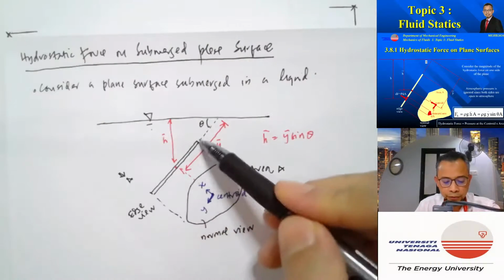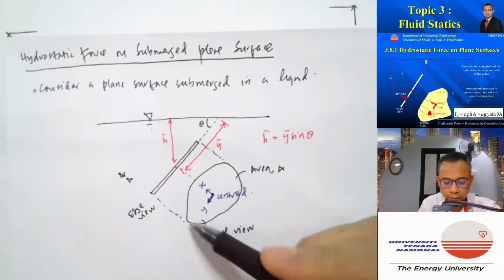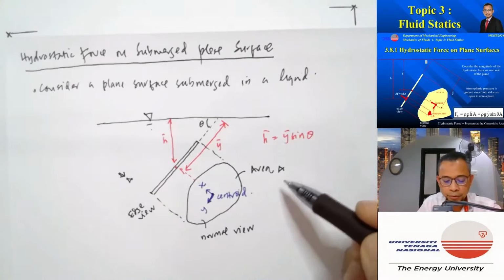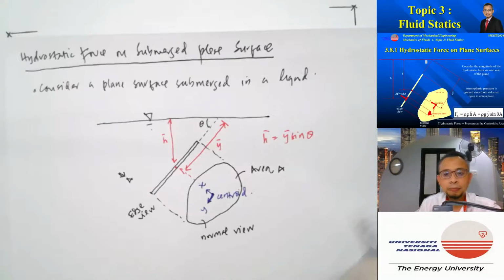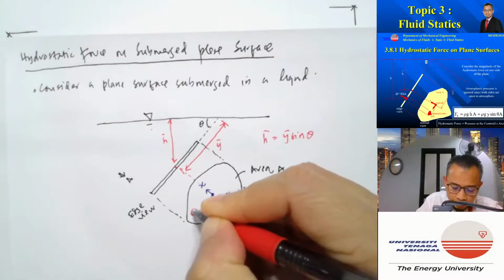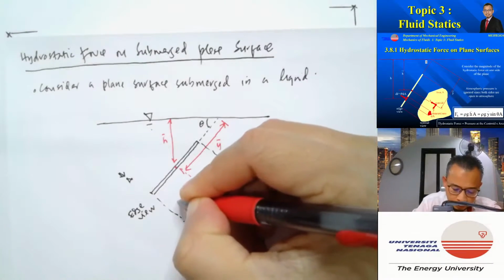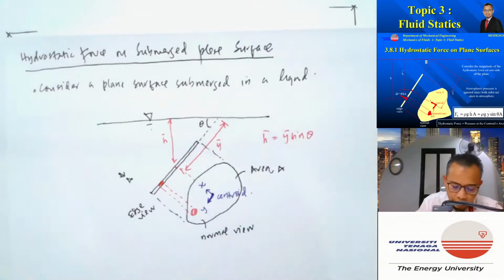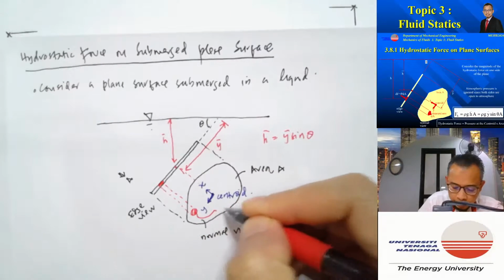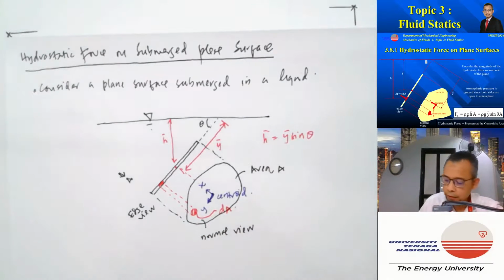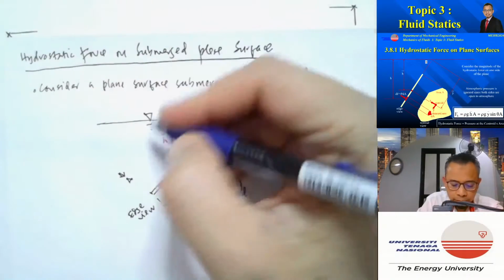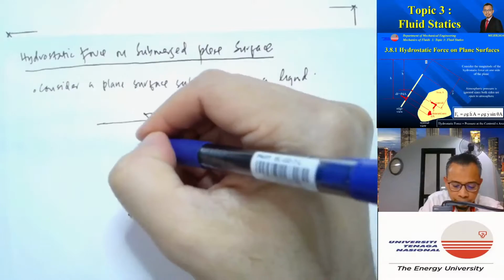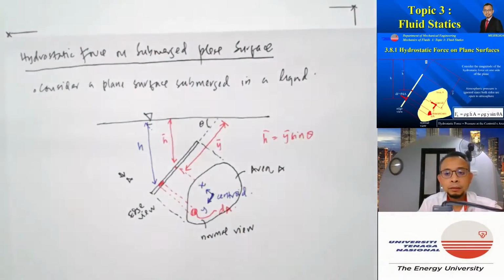So this is the edge view of the surface, and this is the normal view of the surface, and the area of the surface is equal to A. Let's consider a small area here. So the equivalent area from the edge view is there, and the area there is dA, and the height of that area from the water surface is equal to h.